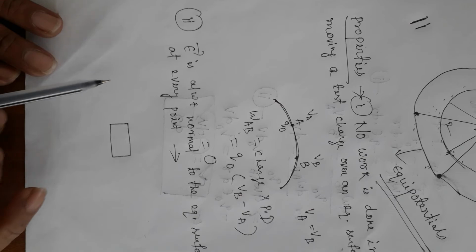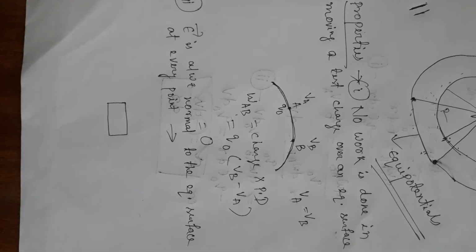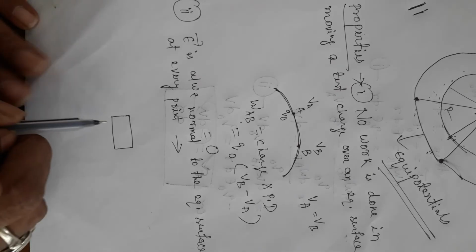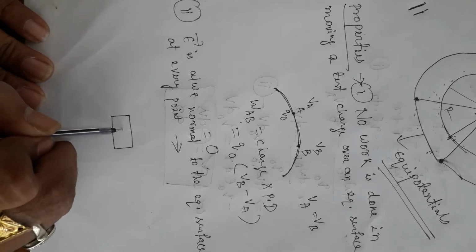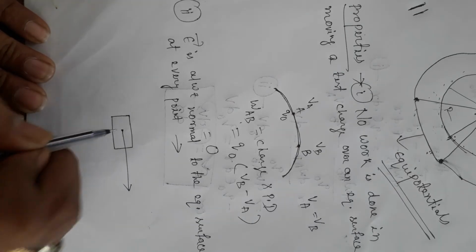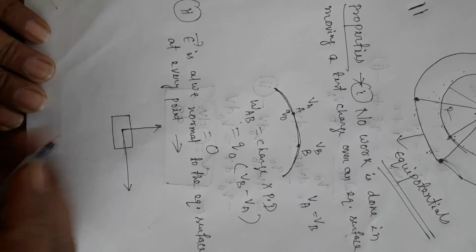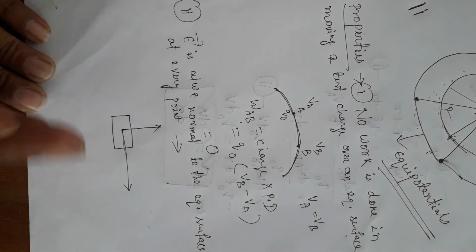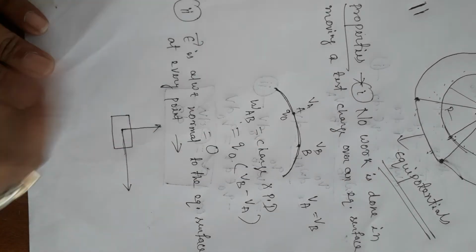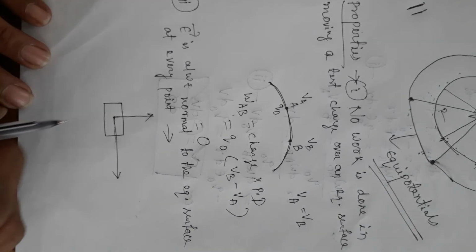Now come to this point: the electric field is always normal to the equipotential surface at every point. Let's take this point, and the electric field is perpendicular to the equipotential surface.